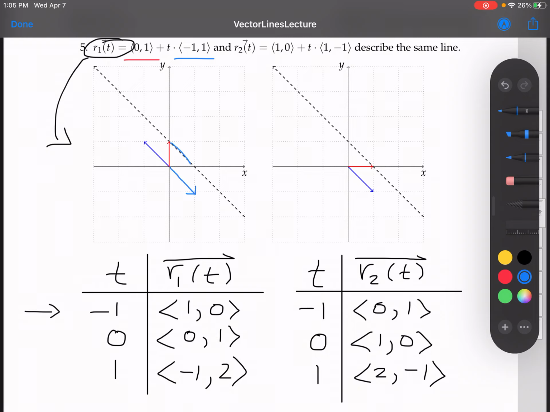We shift it up, and then the sum draws that point there. The green vector points to the vector r1 of negative 1, which is this thing here, the vector 1, 0.